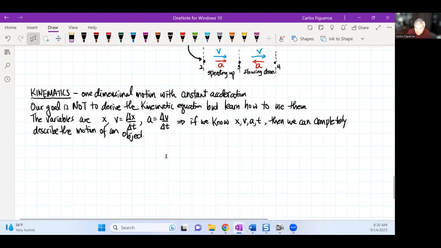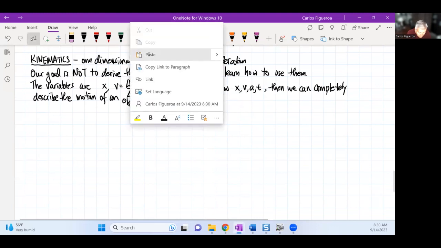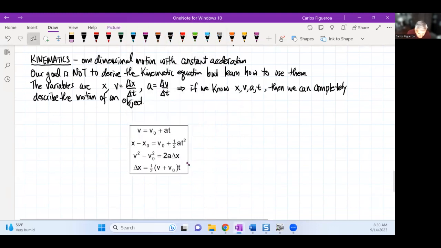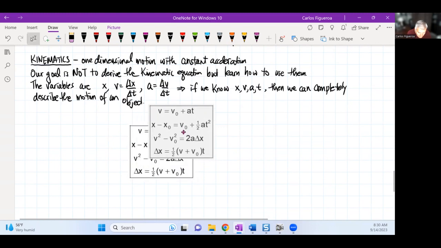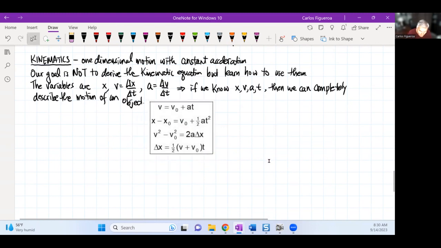And here are the kinematic equations right here. They look like this. This is very, very standard. These are in all textbooks, and this is the way they organize them.